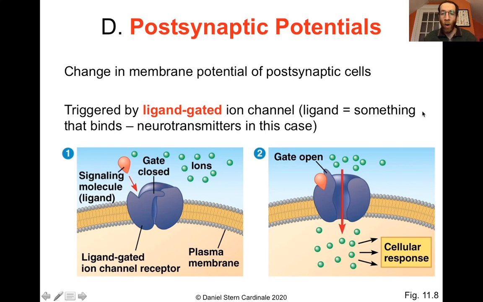So here, for neurotransmitters and synapses, the receptors are ligand-gated ion channels, which means that instead of opening from a change in membrane potential like a voltage-gated channel, these ligand-gated ion channels open when some signaling molecule binds to them. So here we have the channels closed, but when the neurotransmitter binds to it, that channel opens up and allows ions to diffuse through. In this case, these ions are going to diffuse through and cause a depolarization of that postsynaptic membrane.